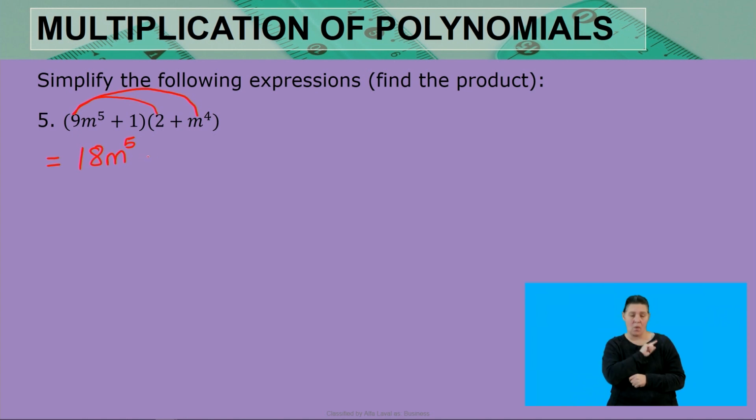Now because we are multiplying with the same base, we add those exponents. Then we continue, that is 1 multiplied by 2, that is 2, and then 1 multiplied by m exponent 4. That is going to be m exponent 4.